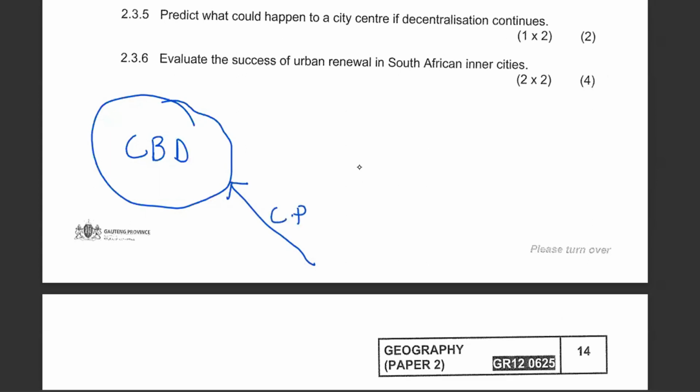So if you have the CBD, centrifugal factors and centripetal factors. Centripetal factors attract activities into the CBD. And the centrifugal factors repel activities from the CBD.